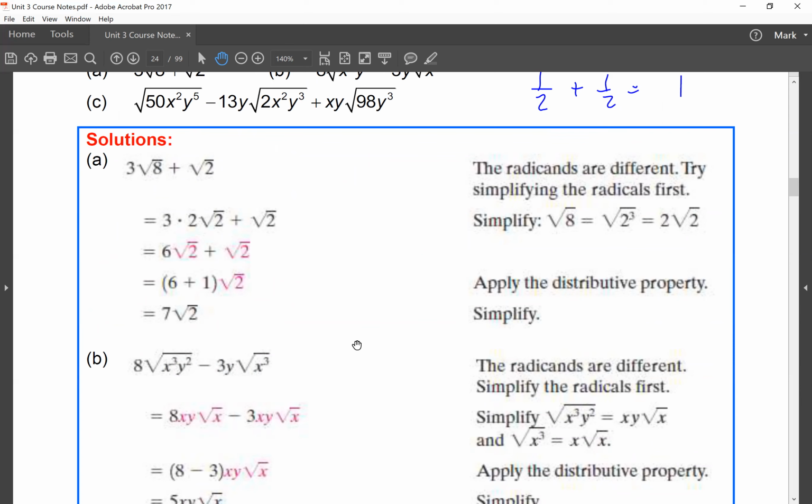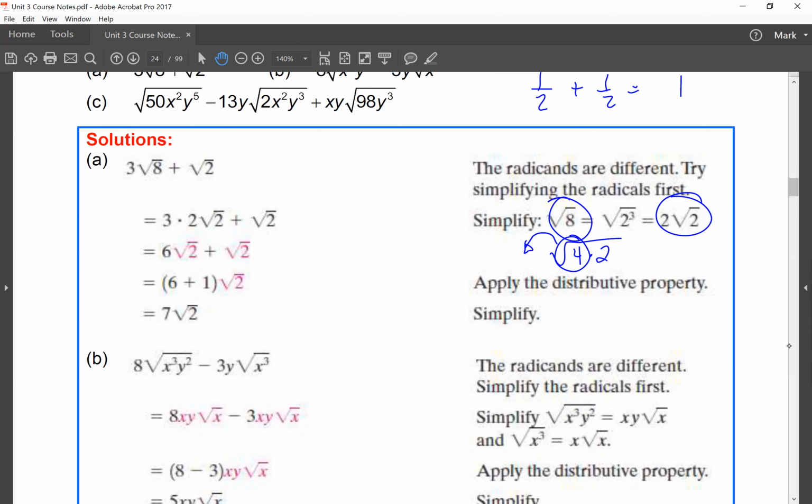And it looks like I can't, but root 8 can be simplified as 2 root 2. Where did that come from? Well, you can take the square root of 8 and write it as 4 times 2. That's where that 2 comes from: the square root of 4 is 2. So this becomes 3 times 2 root 2, and that's 6 root 2.